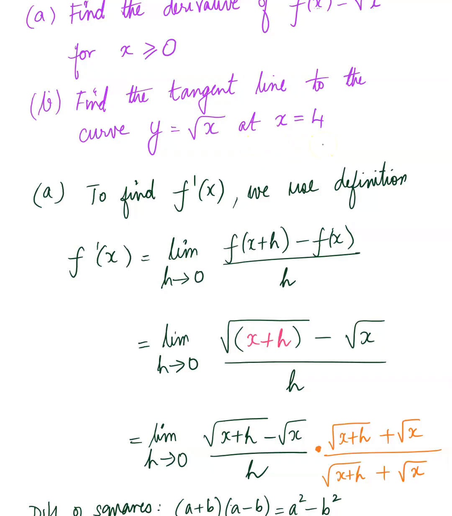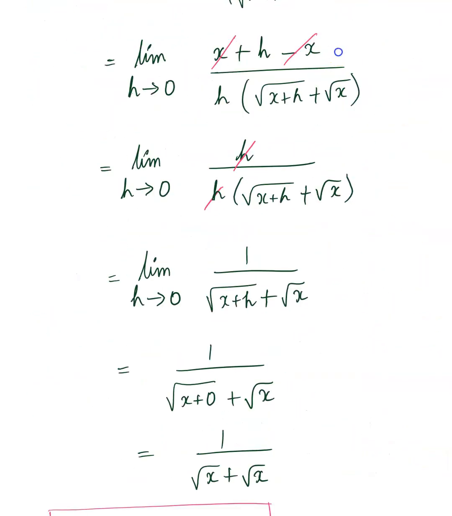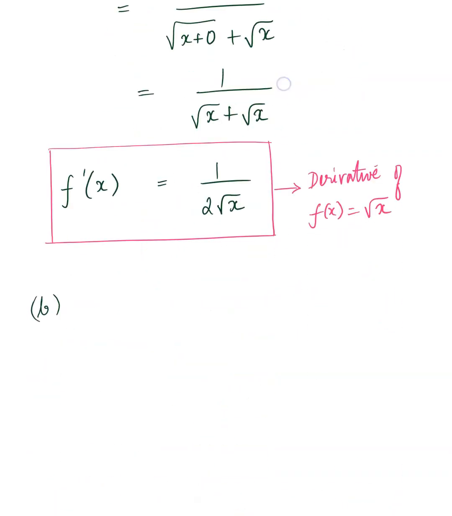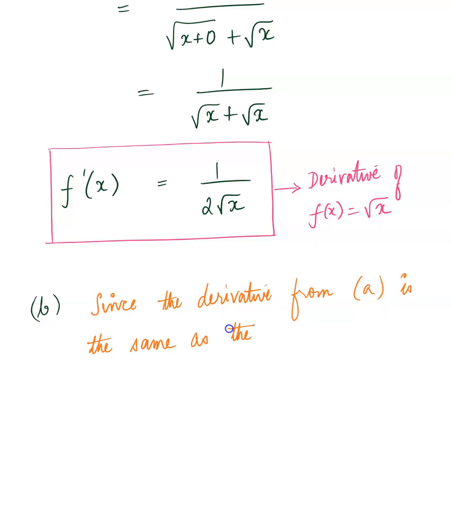Well, it's the same function, so the derivative would be the slope of the tangent line. So we'll write that little note here. Since the derivative from part A is the same as the slope of the tangent line.